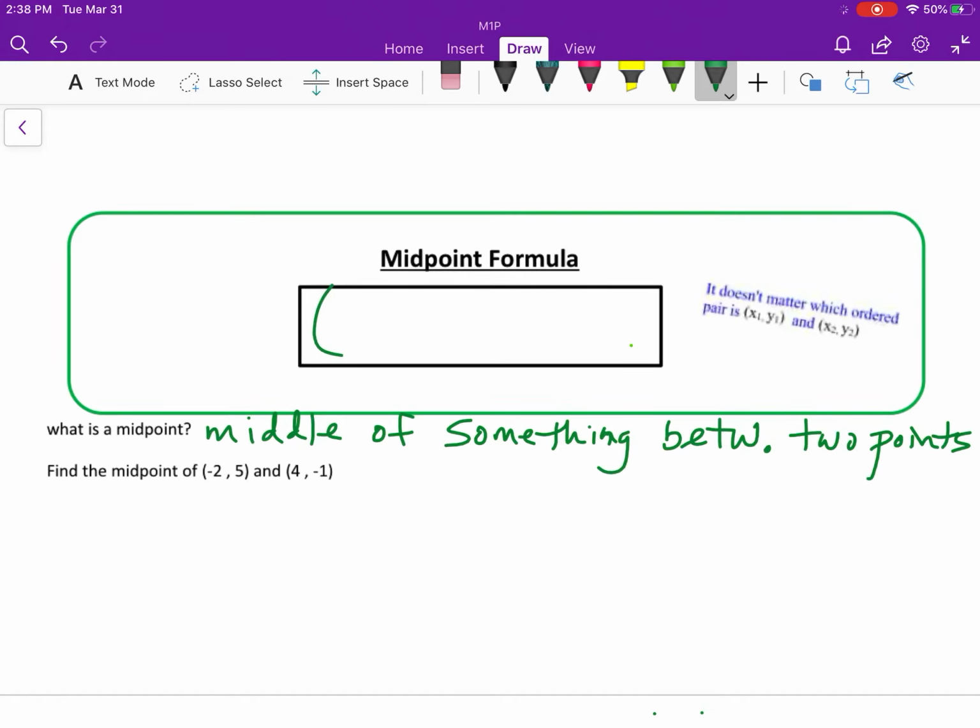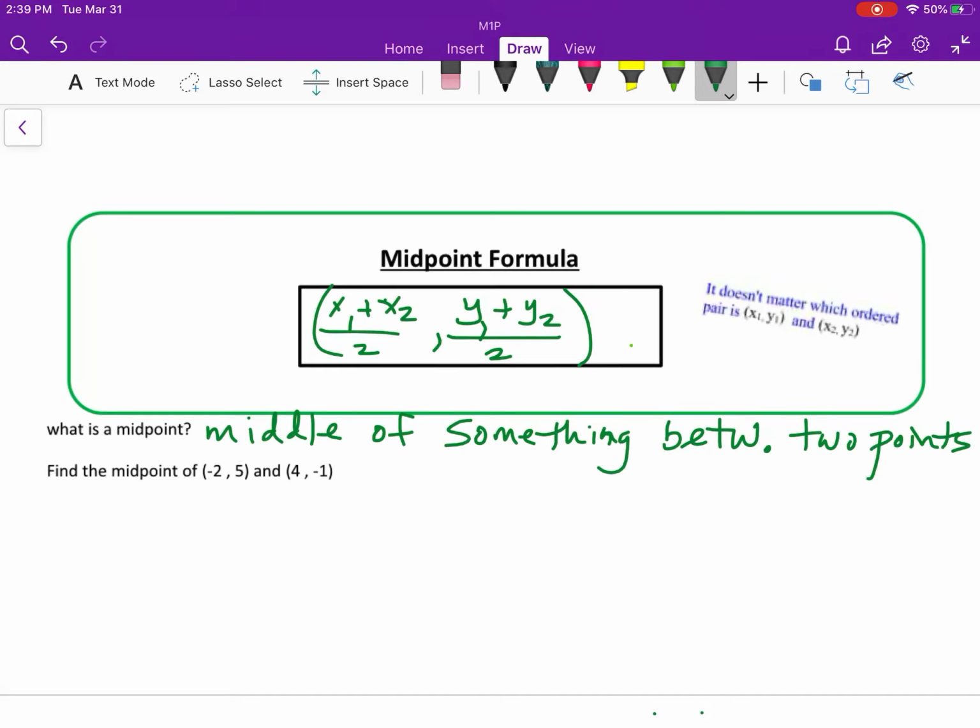And there's a formula for this. Okay, it's x1 plus x2 all over 2, comma, y1 plus y2 all over 2, parenthesis. Remember, it's a point, midpoint. So it's going to be an x comma y.